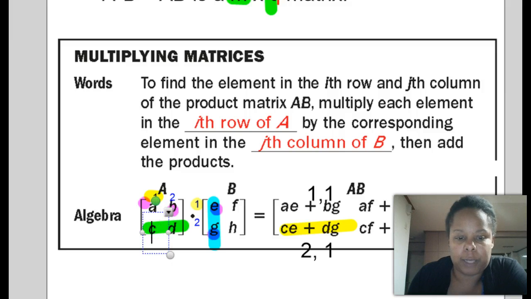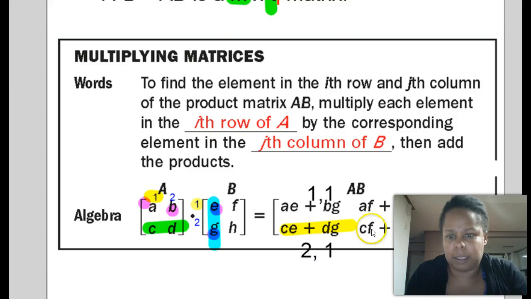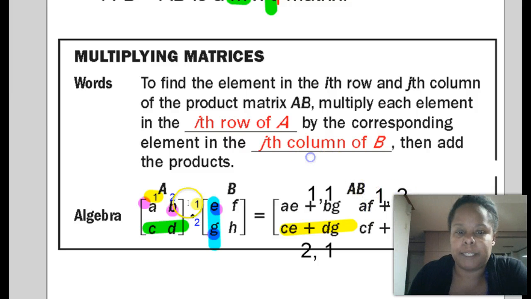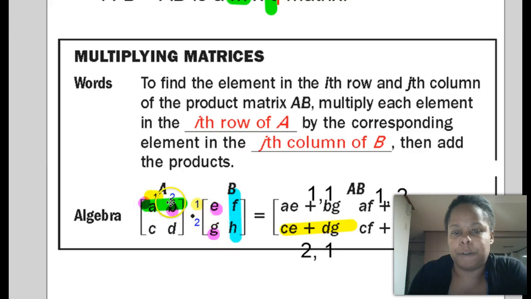So over here, if I want to figure out this one, this is the first row, second column. So that must mean I'm going to use the first row and the second column. Then first times first, A times F, and B times H. And that's what I do here.